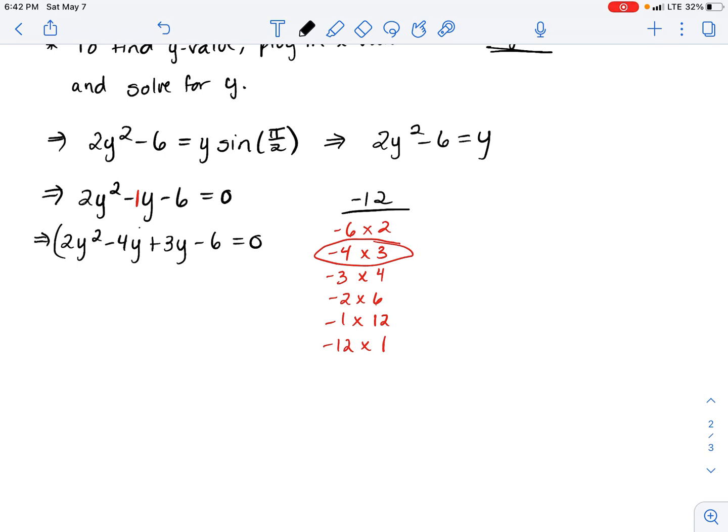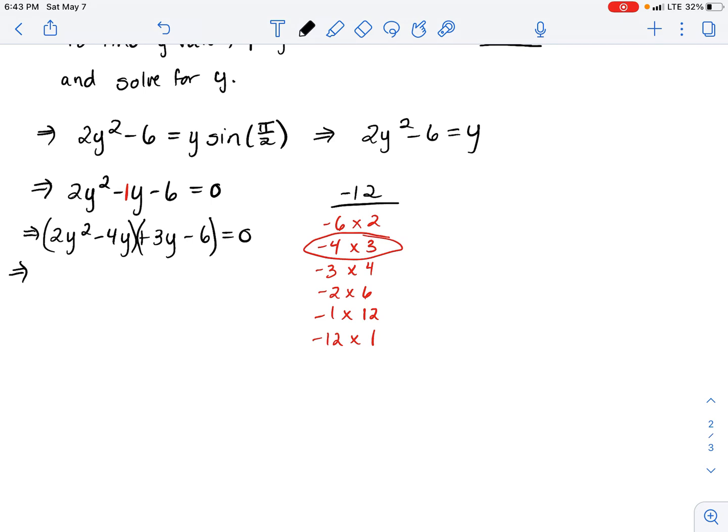And now I'm going to group the first two terms together and the last two terms together. And then I'm going to factor out the GCF. So I'm going to factor out the GCF of the first set of parentheses, which is 2y. And this is y minus 2 plus 3 times y minus 2 equals 0.